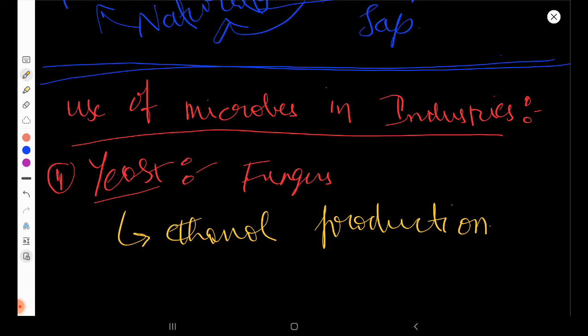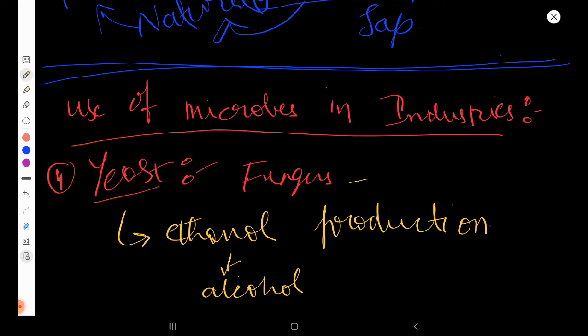This ethanol is also a consumable ethanol, and it is generally called alcoholic drinks. Alcohol, let's write it. And the yeast which is used in this preparation is also the type of yeast which is used in bread making, that is Saccharomyces cerevisiae, which I have already discussed in the previous video.